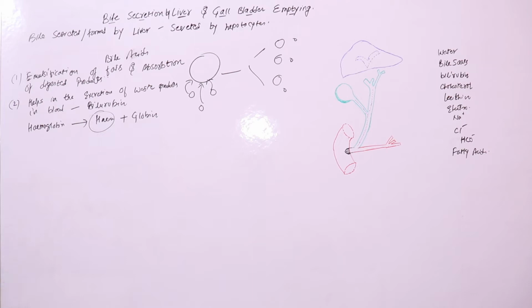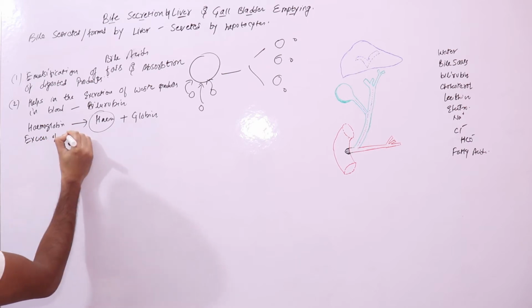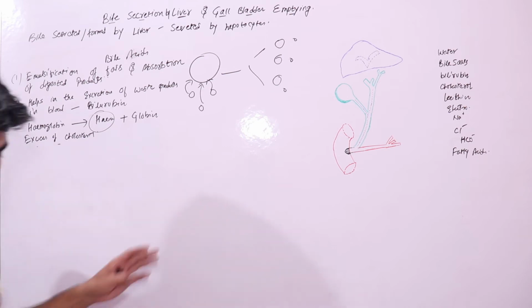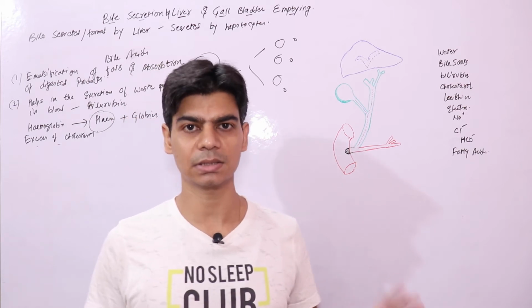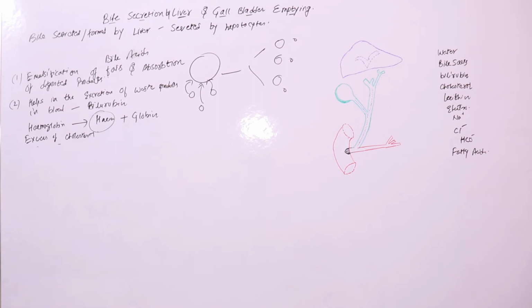So I repeat, bile acids in bile help in the excretion of waste products from blood, which is bilirubin, an end product of hemoglobin destruction, as we've discussed, and your excess cholesterol. We know that cholesterol in the right amount is good, but when it's in excess, it's not good, right? So it helps in the excretion of excess cholesterol.